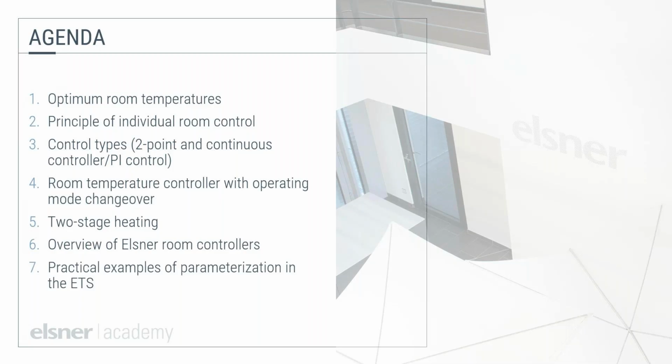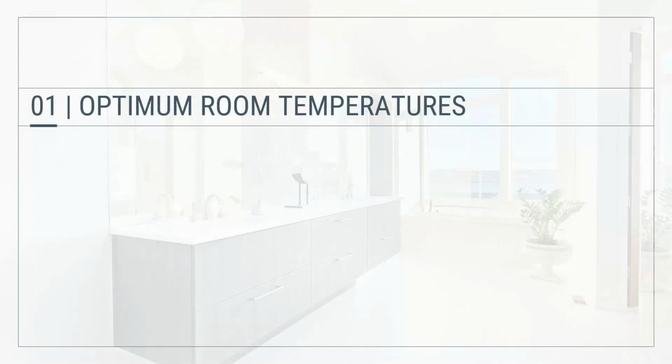Finally, we're going to have a look at some practical examples and the parameterisation in the ETS itself. This has been a request after the last webinar that we should dive a little bit deeper into the ETS topics. So let's get into the nitty-gritty and start with the optimum for the room temperatures.